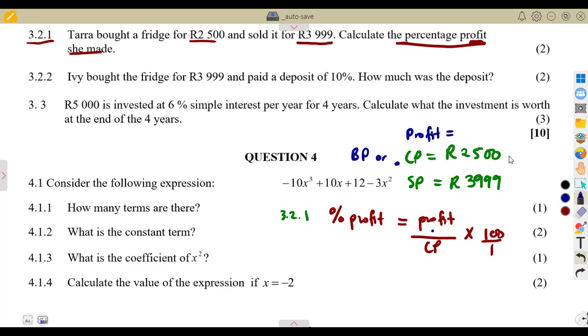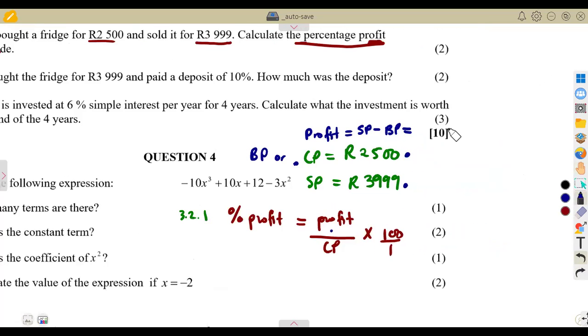Then you are selling it at this price. What is the profit? You simply subtract these two: selling price minus the cost price, or selling price minus the buying price. You have to subtract these two to get your profit.